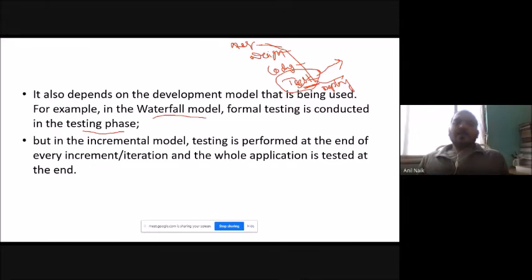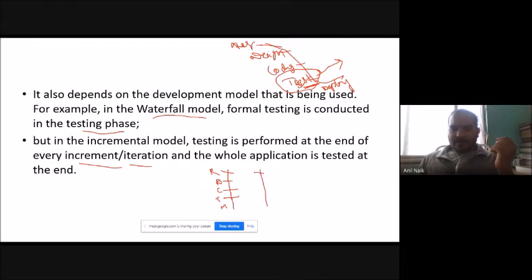But in the incremental model, testing is performed at the end of every increment or iteration, and the whole application is tested at the end. In every increment, we do the requirement analysis, designing, coding, testing, and maintenance. This is one iteration.